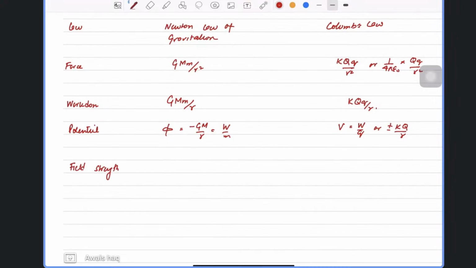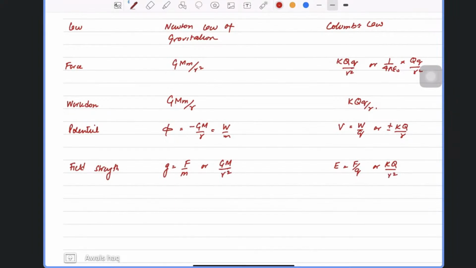So in field strength, this was G, which is force per unit mass, or GMM over R squared. And in this one, the field strength was given by E, which is force per unit charge, or KQ over R squared, right?